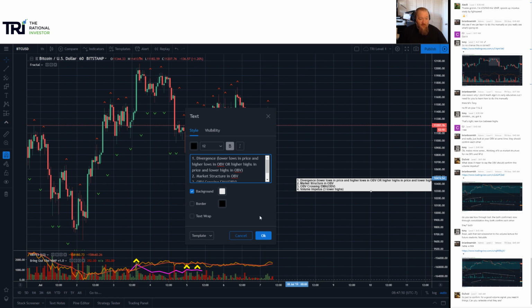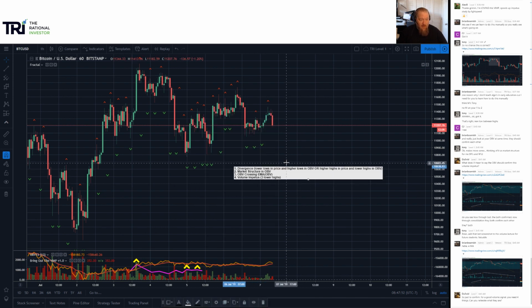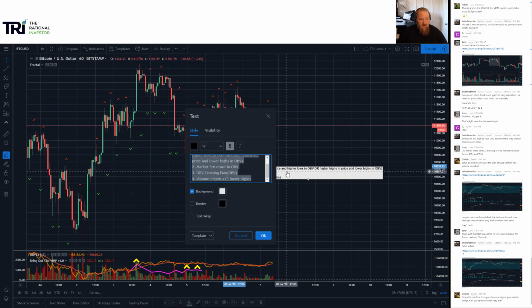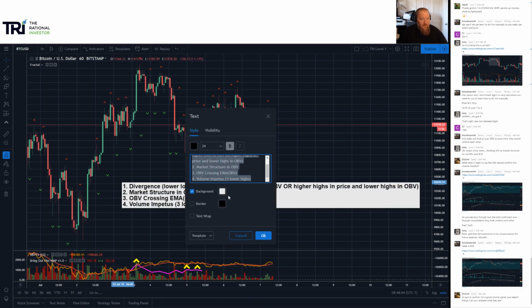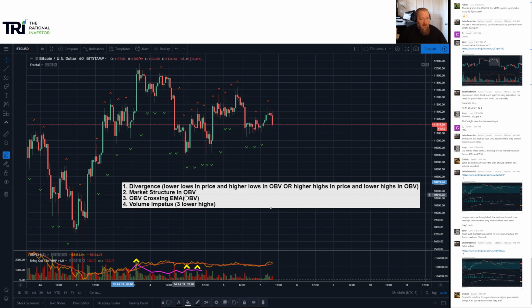So divergence first is OBV moving in the other direction than price. Then market structure was a little small, let me blow this up. Then market structure in OBV, so that's an M or a W. We want to see the OBV crossing the EMA of the OBV. And then we want volume impetus, which is 3 lower highs in the camp that had previously been driving the market.